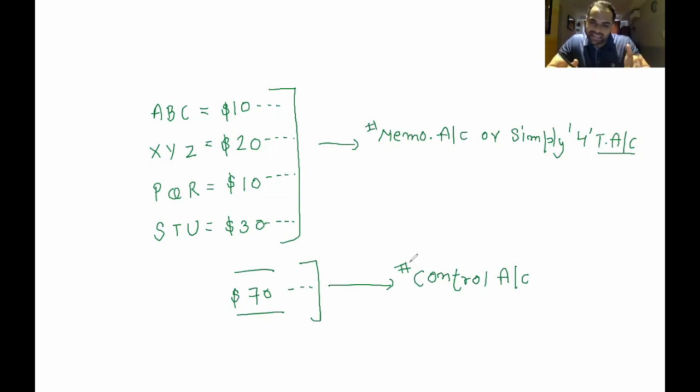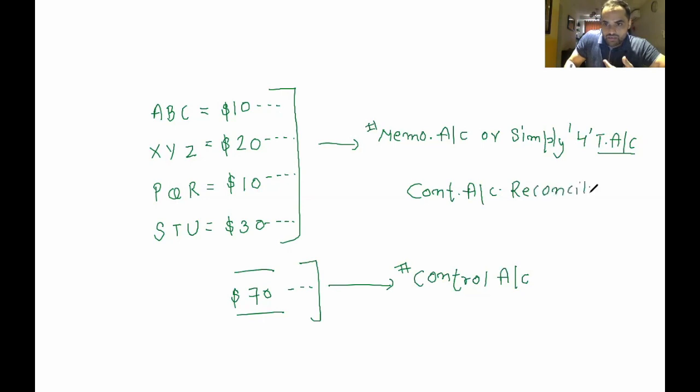So in order to minimize that kind of arithmetic error or any skipped information, it's really important to compare the balances of control accounts and the memorandum account. This comparison is called control account reconciliation, right?